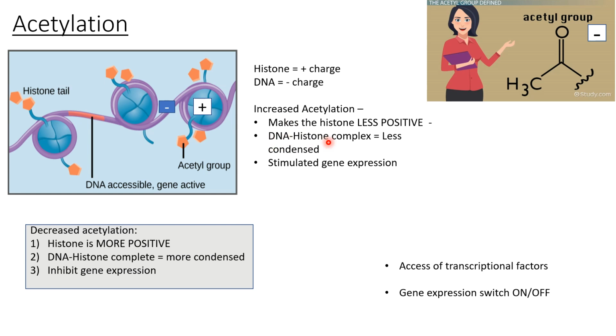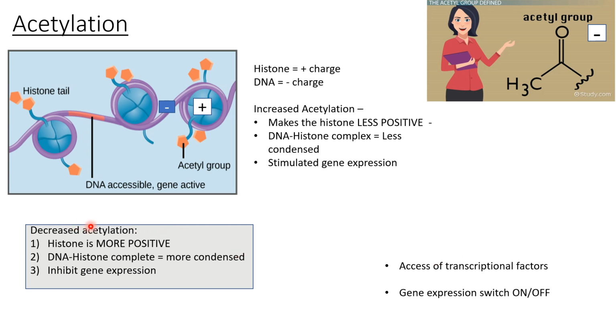That means it's very, very loose. That means it is accessible to transcription factors, which means your transcription factor can bind to the promoter region of the gene, which will cause RNA polymerase to bind to the promoter region, which in other words, you are transcribing that gene. So the gene expression is switched on.